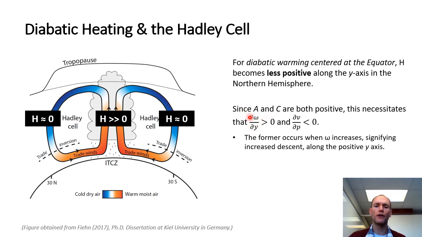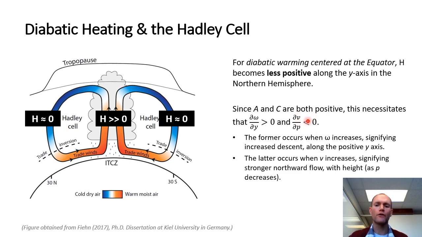So the former here, omega becoming more positive along the y-axis, occurs when omega increases along the positive y-axis. Omega being positive means descending motion. So this can be achieved by having ascending motion at the equator that then becomes descending motion at higher latitudes.